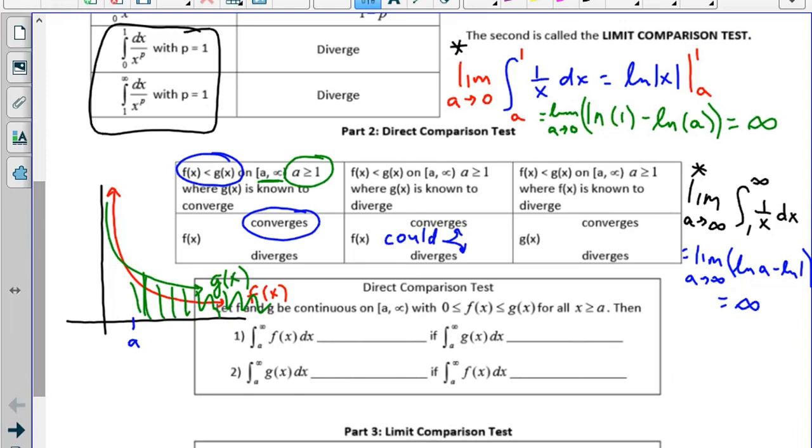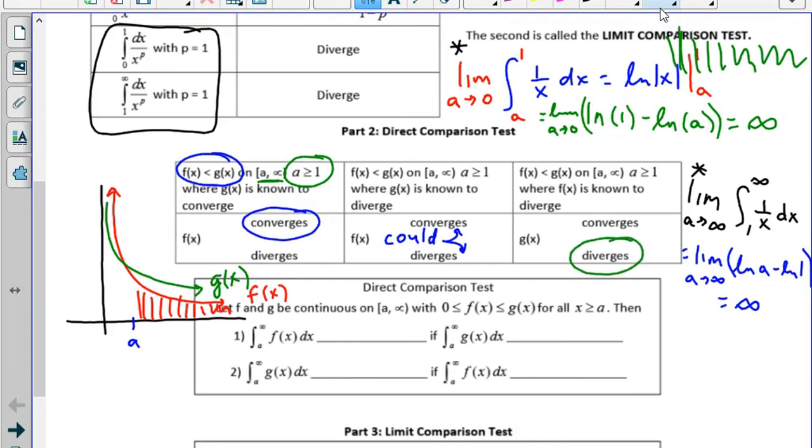Now, let's take a look at the third situation, where f is still smaller than g and f is known to diverge. If f is known to diverge, that means that this red area from a to infinity does not reach a value, then the green area, the area under g, must also not reach a value.